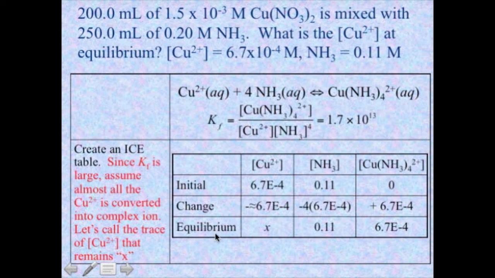So at equilibrium, we have that trace amount of copper ion X. We have almost 0.11 of the ammonia. This is a very small number, and subtracting it from 0.11 leaves us with 0.11 approximately. And then the equilibrium value of the complex ion is 6.7 times 10 to the minus 4.